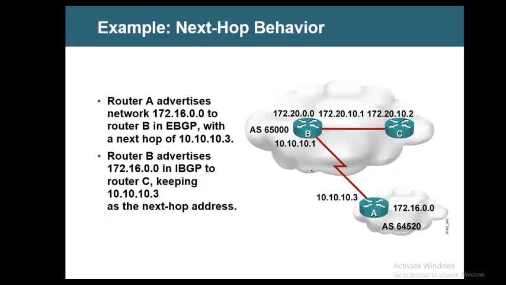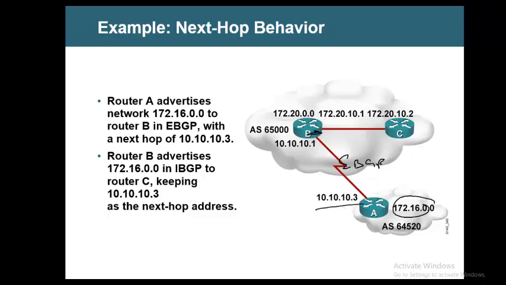When router C, see, router A is advertising this network. A and B have got an eBGP relationship. So according to B, what will be the next hop? 10.10.10.3.